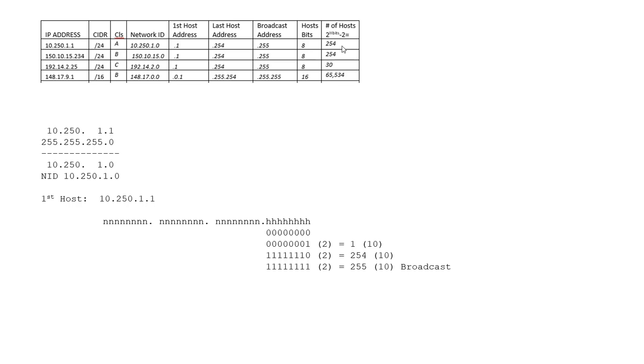Based on this, I use the formula for the number of hosts, which is 2 to the host bits, minus 2. With 8 host bits, 2 to the 8 gives you 256, minus 2 gives you 254. So I can have 254 host addresses, numbered from 1 to 254.